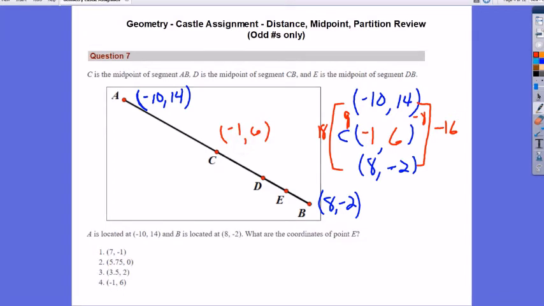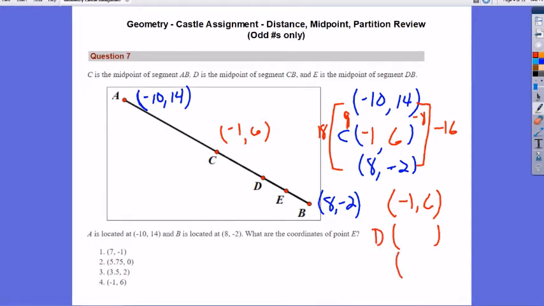We want to find point E. Well, now we can do the same thing to find point D. Now that we know that C is at negative 1, 6, we'd have midpoint D and the other endpoint B. And we can go a little faster now.